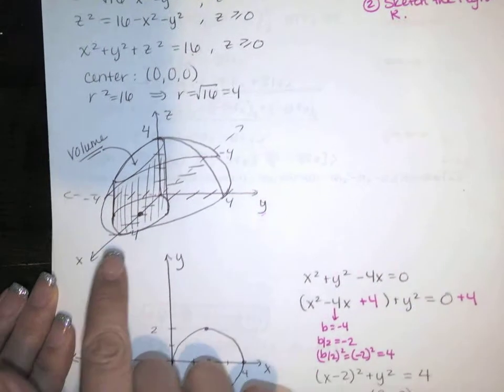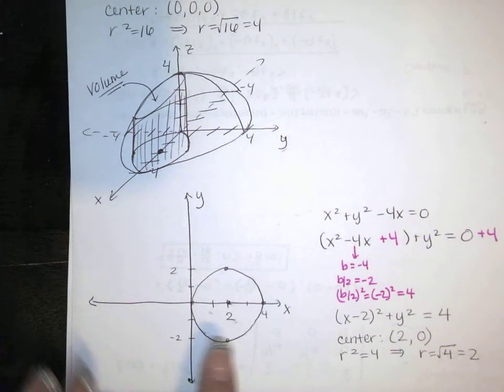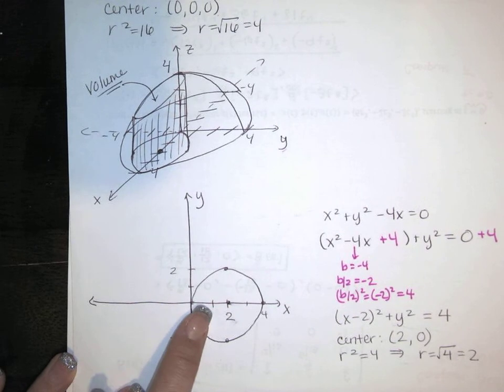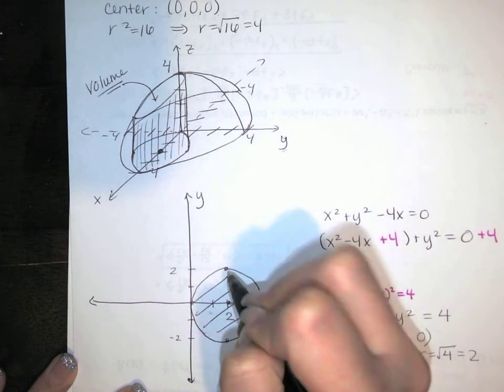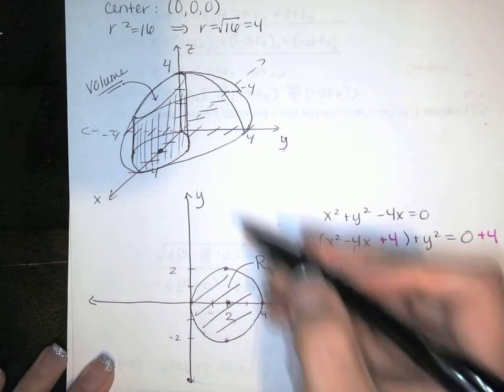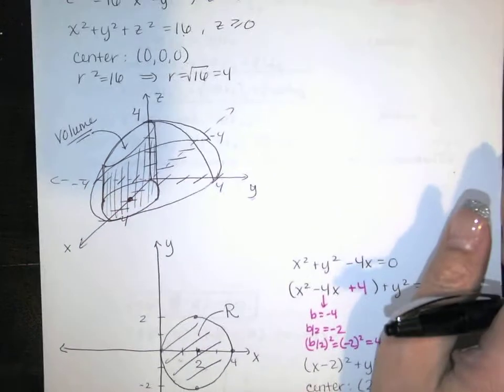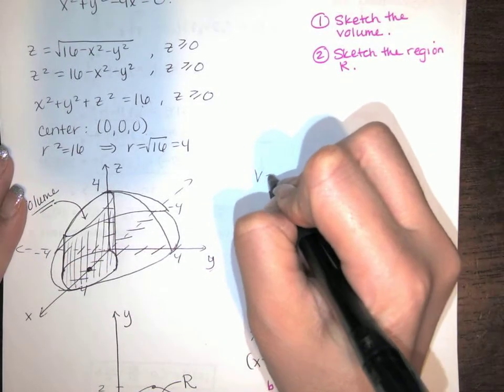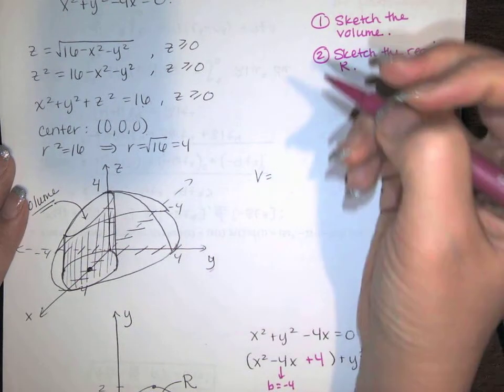It just so happens that the region of integration R is this offset circle, this circle that's not centered at the origin, but it's centered at x equals 2, y equals 0. So this is our region R. Okay, so we've sketched the volume, we sketched the region R, and we know that the volume, because we need to set up the volume integral.